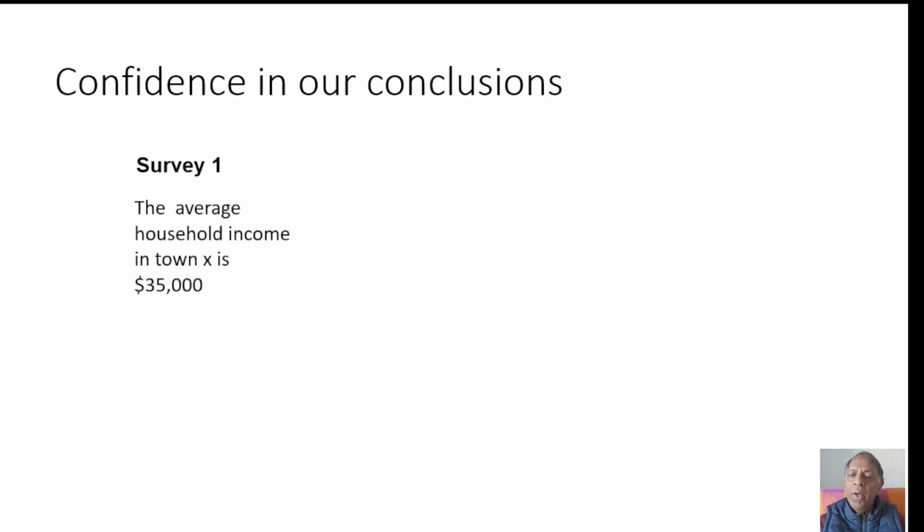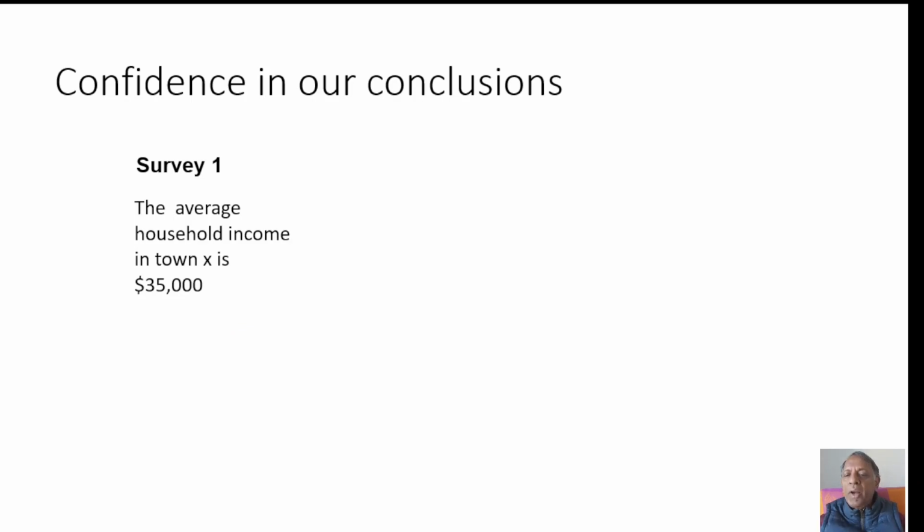Okay, so let's say that we are conducting a survey in two different towns. Okay, so survey one or two surveys. We did a survey one in town X, and the average household income turned out to be 35,000.